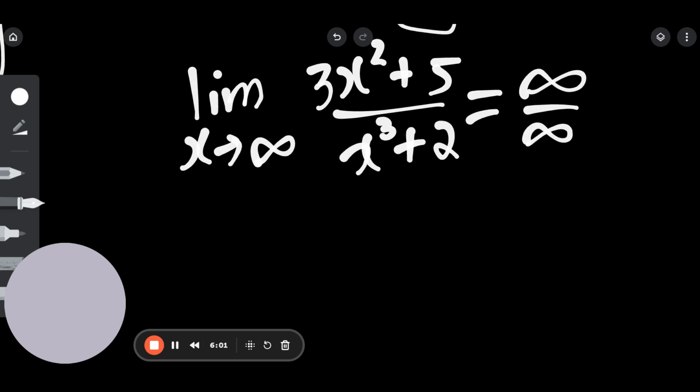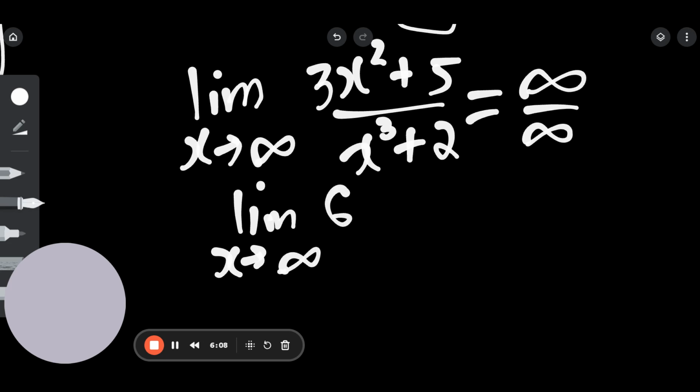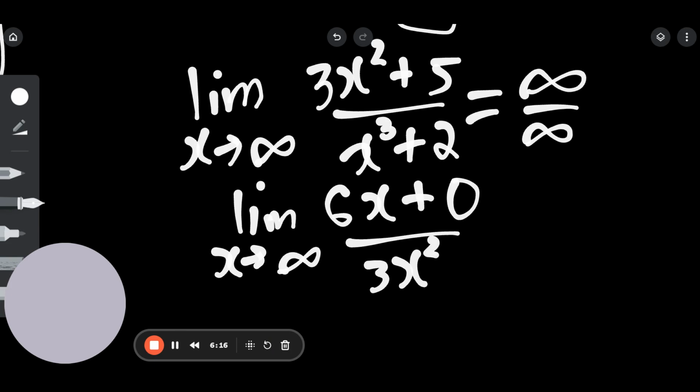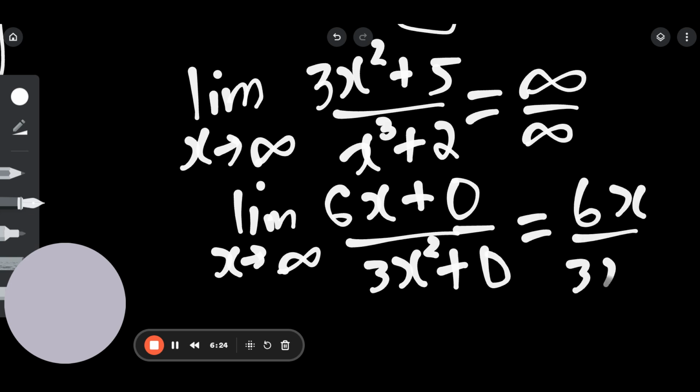So you would get the limit as x approaches infinity of the derivative of 3x squared, which is 6x, plus the derivative of 5, which is just 0, over 3x squared, since that's the derivative of x cubed, plus the derivative of 2, which is just 0. And you'd get 6x over 3x squared.